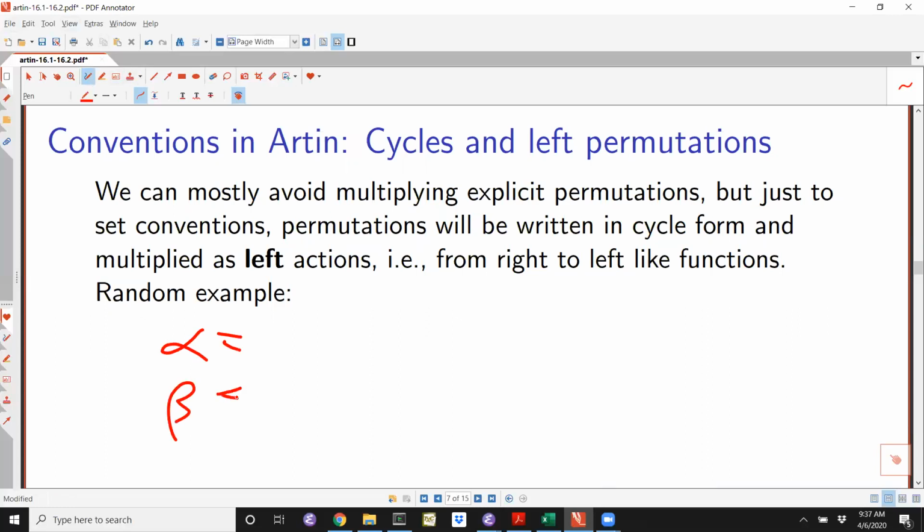So let me write out. Can somebody, that's something people can do in the chat. Can two people type in some random permutations of like 6 things? Can somebody type in a random element of S6 in cycle form? Don't worry, no one can see this on YouTube.